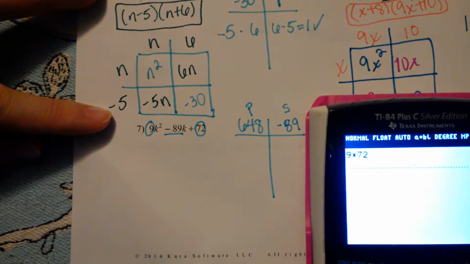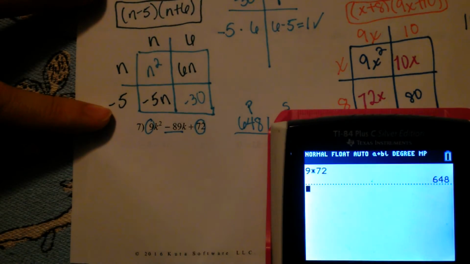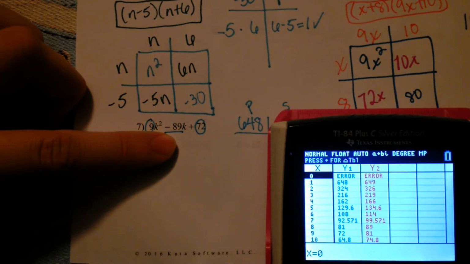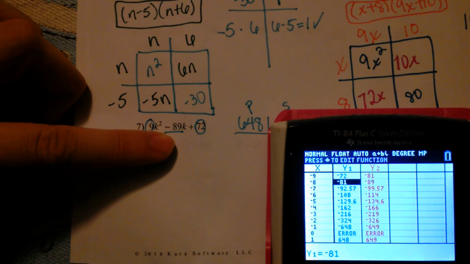So in the calculator, I'm going to put in 648. I need to find negative 89. There it is. So negative 89, so that's negative 81 and negative 8.